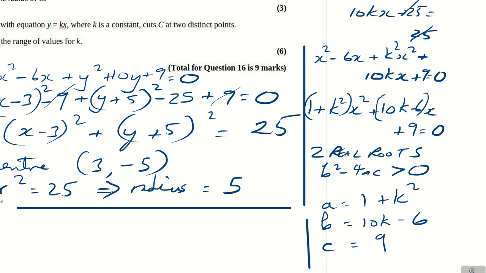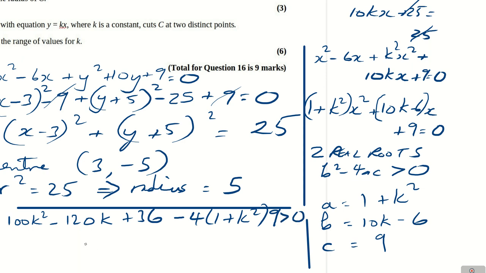b squared is 100k squared minus 120k plus 36, and then minus 4 lots of a, so it's 4 lots of 1 plus k squared times 9, and that's got to be bigger than 0.